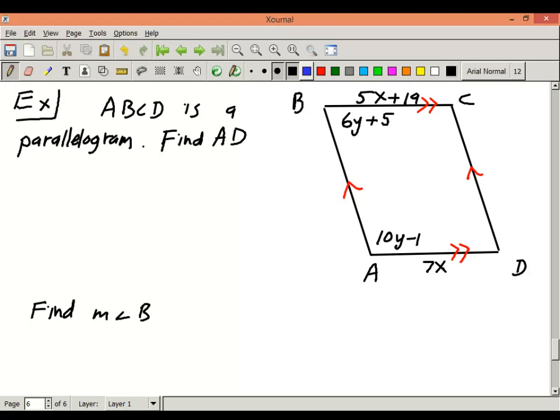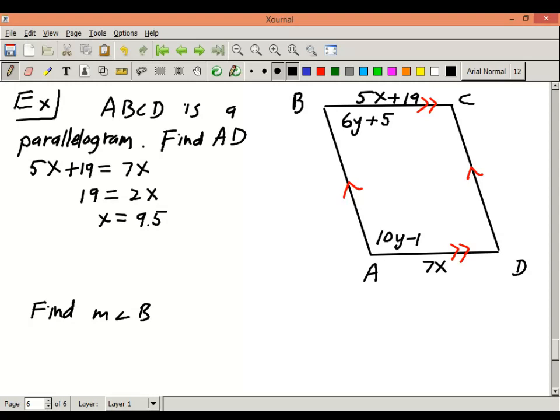Notice the top and bottom sides have expressions that we can set equal because now we know that opposite sides of a parallelogram are congruent. So we can say that 5x plus 19 is equal to that 7x down there. Opposite sides are congruent. So subtract 5x. So 19 is equal to 2x. So x is equal to 9.5.